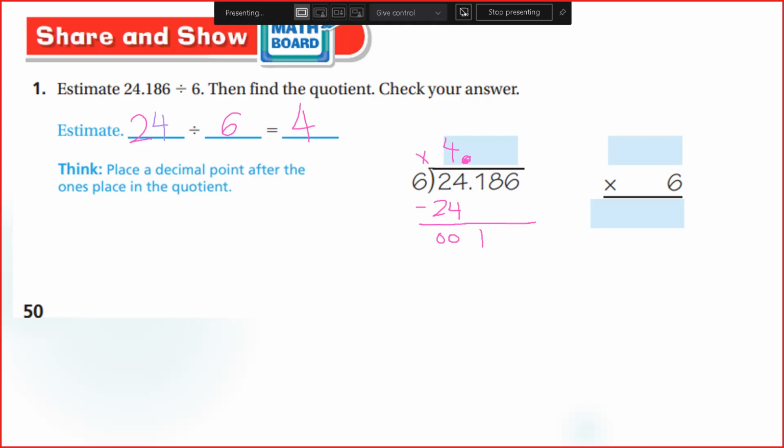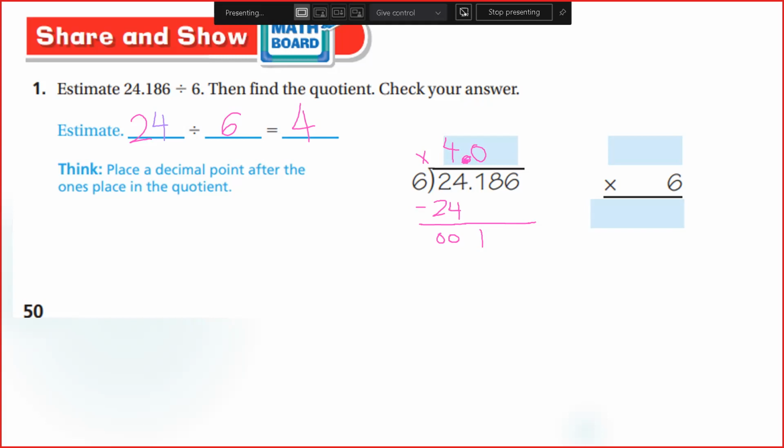And because it's from the dividend, we have to put something instead of it in order to continue dividing. What should I put? Zero. Every time, add 0. 0 times 6 is 0.